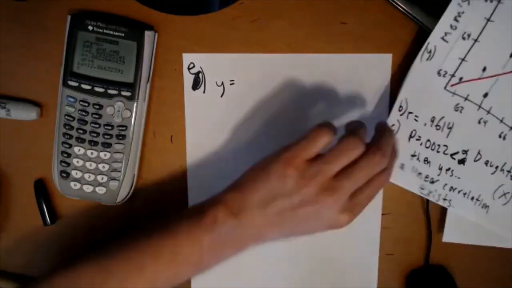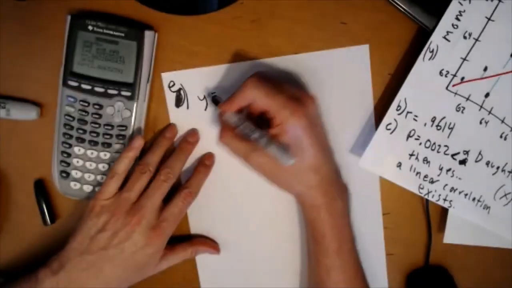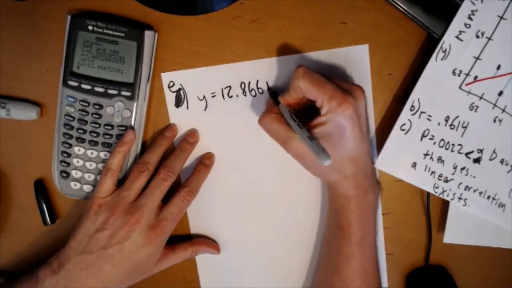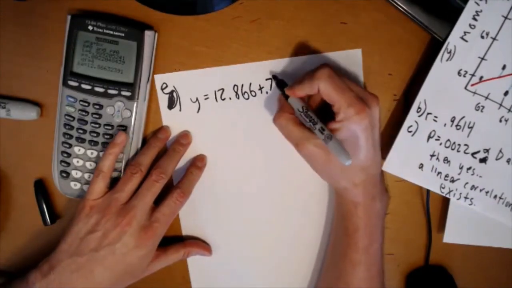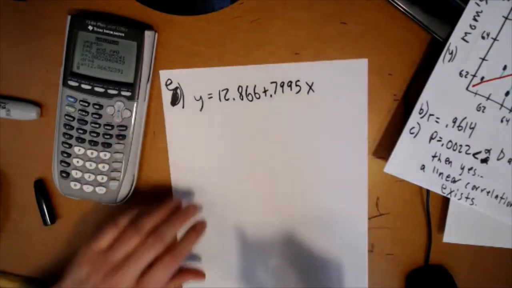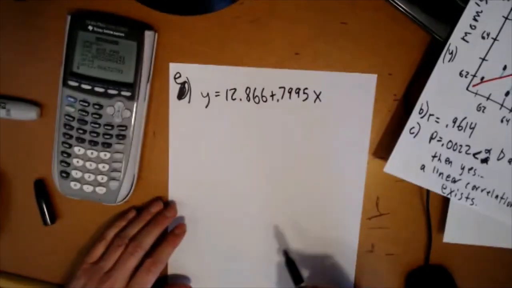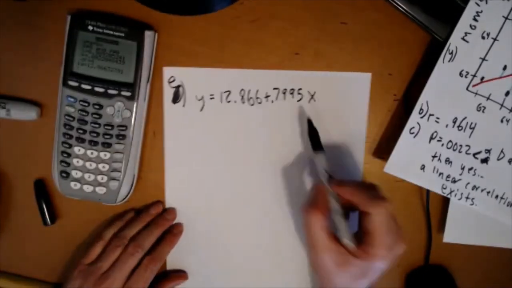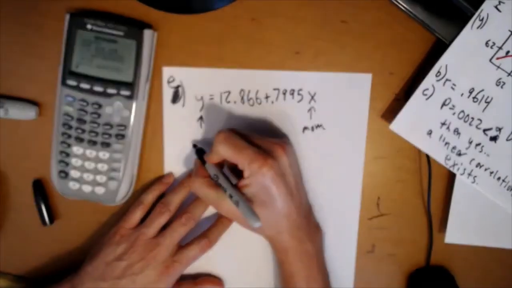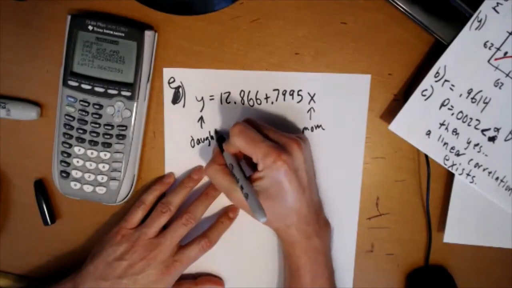Okay, so that's where our least squares regression line comes in handy. Y is equal to 12.866 plus 0.7995x. So remember when we set things up in terms of x and y, x is mother's height and y is daughter's height.